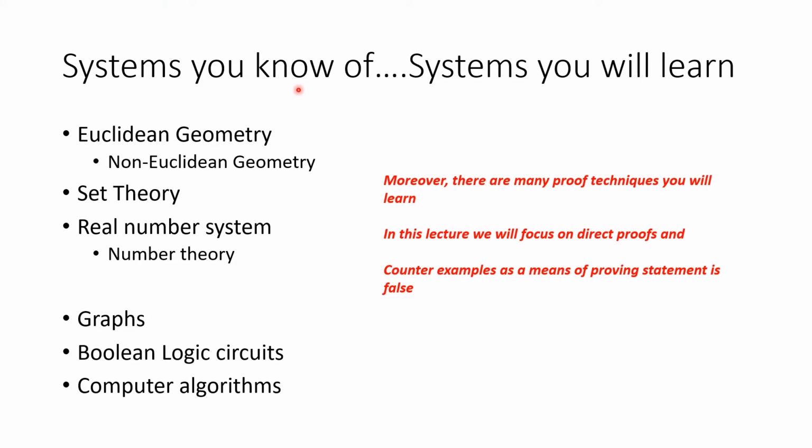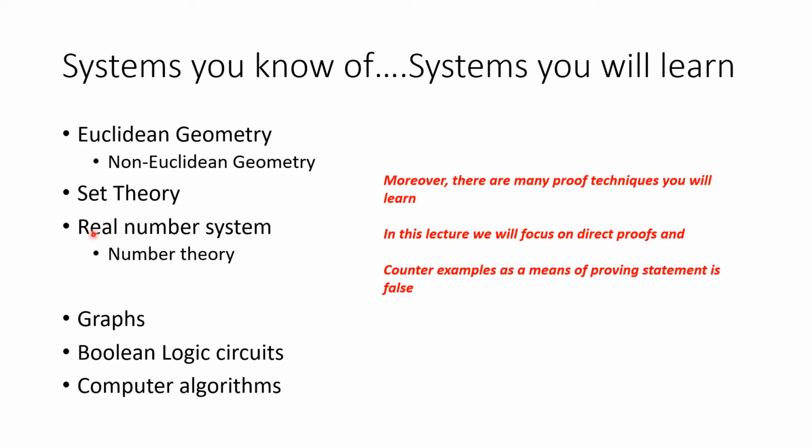We'll talk about systems, and some of the systems you know about. You know of Euclidean geometry probably. You might not know of non-Euclidean geometry, but we'll focus mostly on Euclidean geometry in any examples we do. We've learned about set theory in this course, and you've studied the real number system for most of your life, and we'll do some proofs with that too.